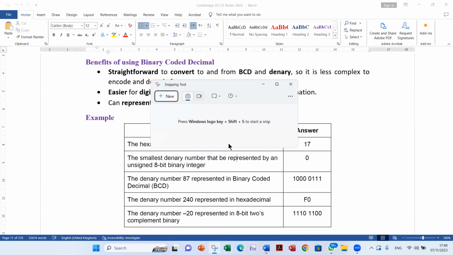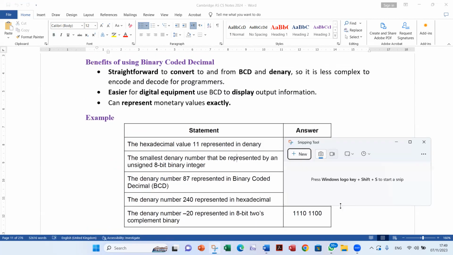Please let me cover this and carry out this exercise yourself. As you can see, my notes are loaded with examples. The hexadecimal value 11 represented in binary. Please go ahead and convert 11 hexadecimal.